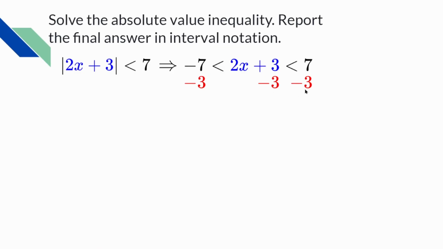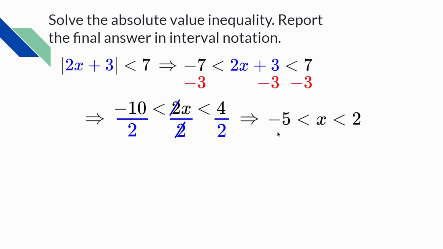So let's subtract 3 throughout to isolate this x in the middle. That's going to give us negative 10 is less than 2x is less than 4. Then we divide throughout by 2, and the 2's cancel in the middle here. That leaves us with negative 5 is less than x is less than 2.